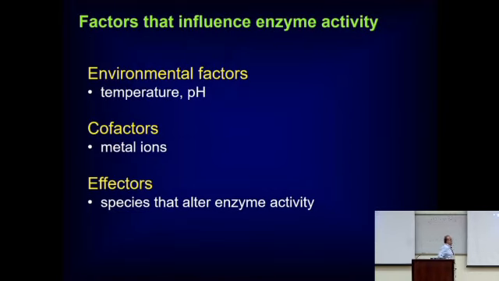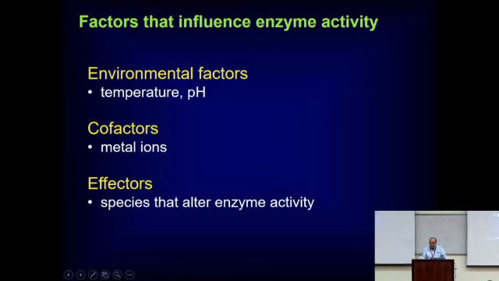So the things that affect enzyme activity are many, including things we already talked about. First of all, we talked about metal ions, cofactors, and some enzymes require those to work, like magnesium, manganese, copper, zinc, and so on.